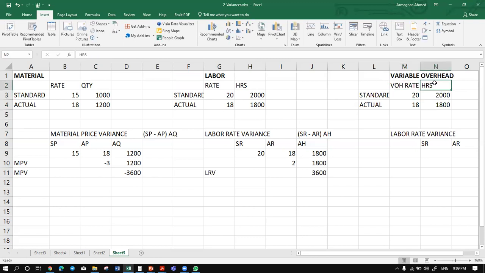And which hours should I take? Labor hours, or direct labor hours, or indirect labor hours in variable overhead? Indirect, sir. No, sir, we will take labor hours. But labor hours include direct and indirect. So which labor hours, direct or indirect, in variable overhead?